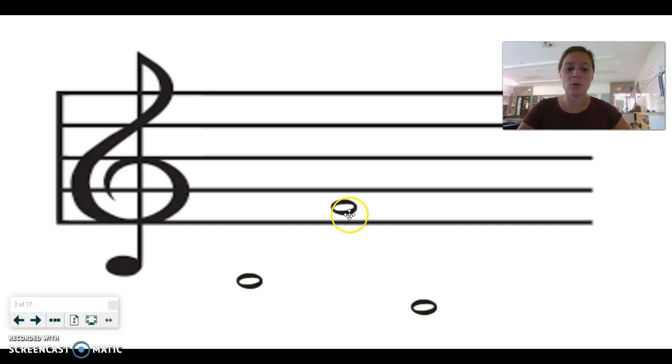Let's try a couple more. What is that one, a line or a space note? Good job, it's a space note. And let's do one more. Show me line or space note.